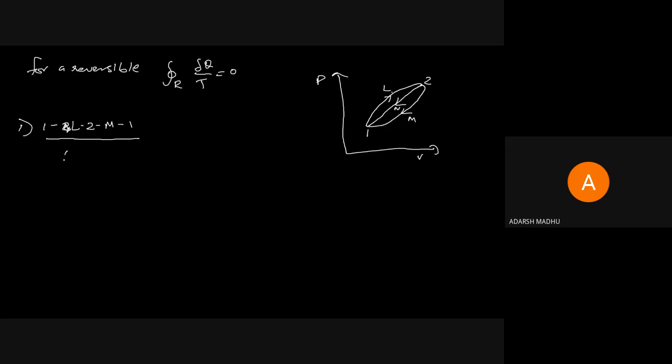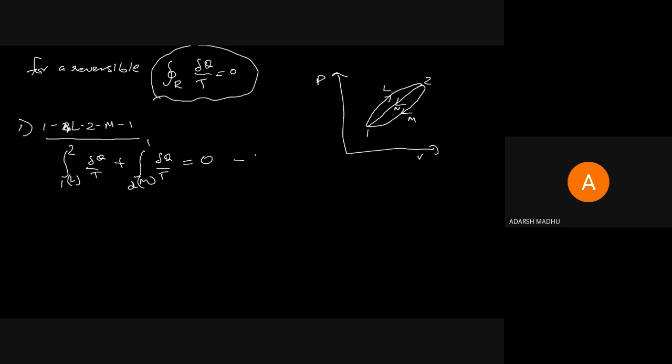That is the integral from 1 to 2 through L of dq by t, plus the integral from 2 to 1 through M of dq by t, equal to 0. As I said, for a cyclic reversible process, the summation of dq by t equals 0.